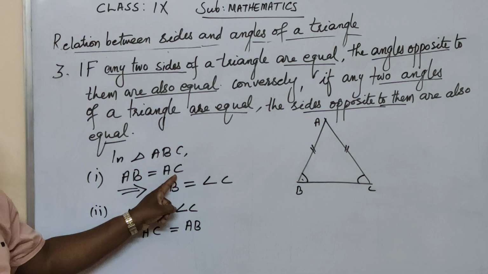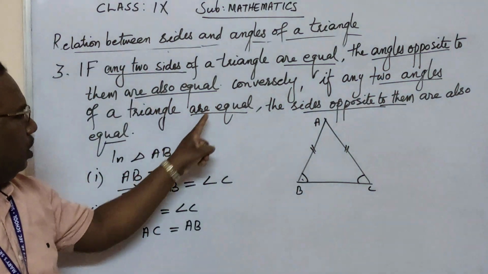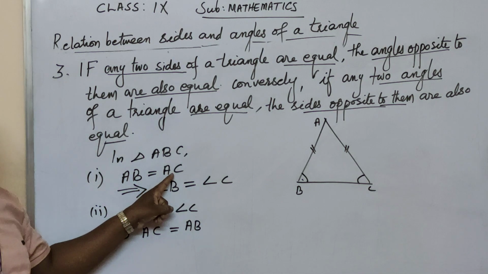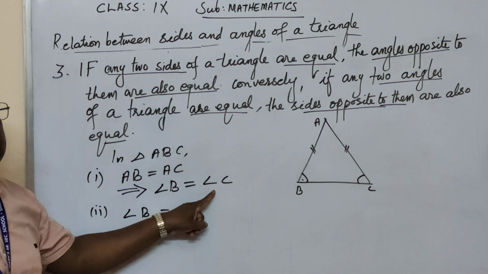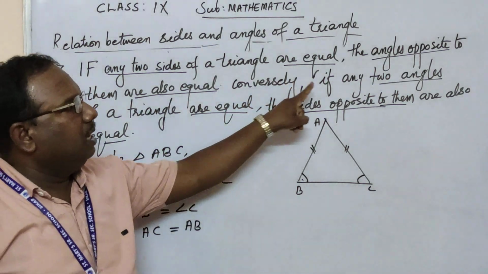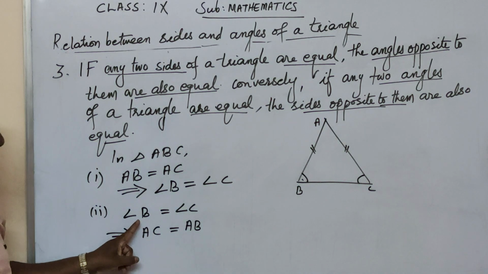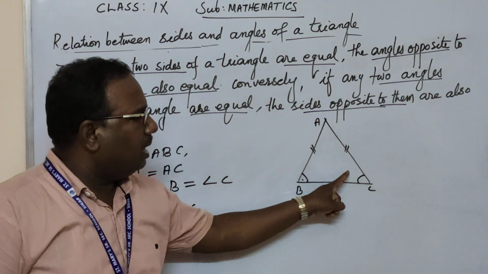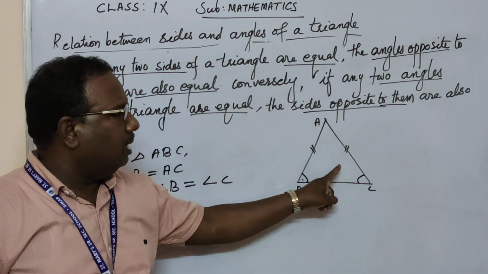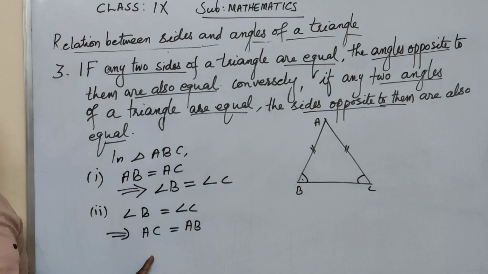Then what is the statement? Angles opposite to them are also equal. AB equal to AC implies angle B equal to angle C. Now conversely, if any two angles are equal, here angle B equal to angle C, then AC and AB are also equal.